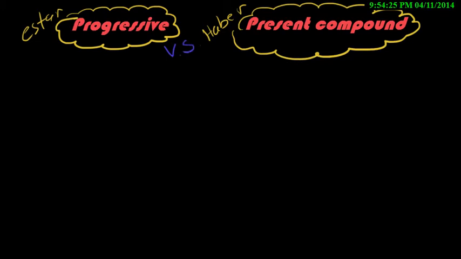Let's see the different persons. The progressive is yo estoy, and we combine the endings ando, yendo. Estoy comprando.